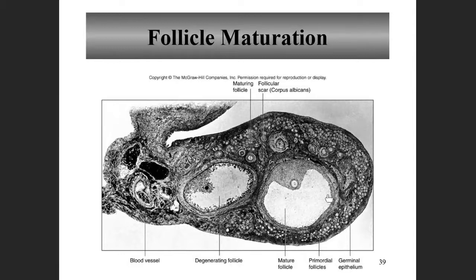And this is almost ready to rupture. Once the follicle ruptures, what you see here is a degrading follicle. This will ultimately become the corpus luteum if there is a lot of LH. If the LH disappears, then it becomes this right here, the corpus albicans.